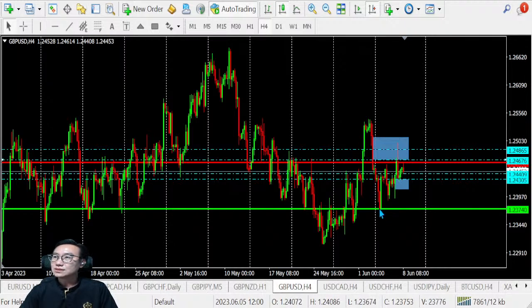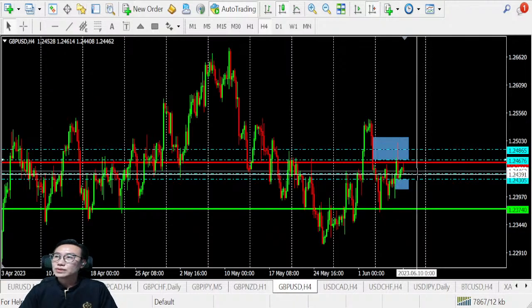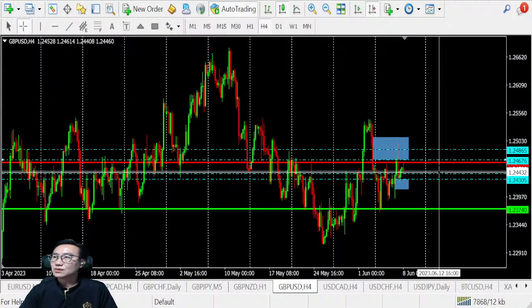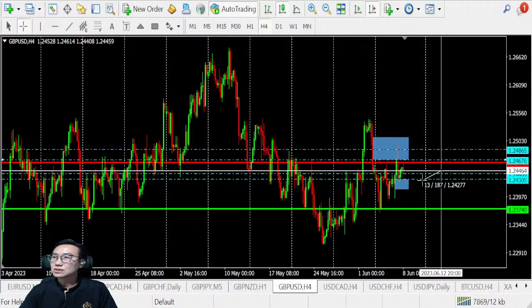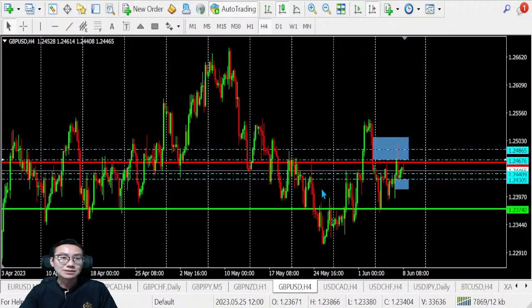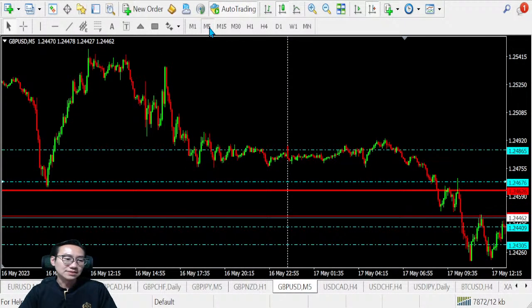And at the beginning of the week, Monday, Tuesday, and yesterday, Wednesday, it went up again. Now looking into this area, about 18 pips, 1.8. Let's see if any action comes along in the London session.